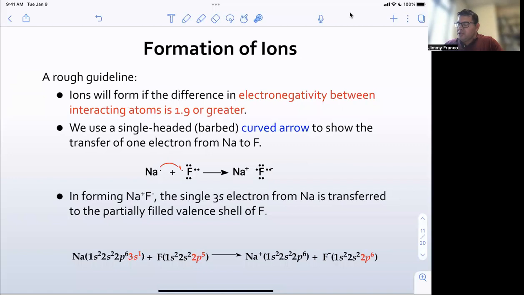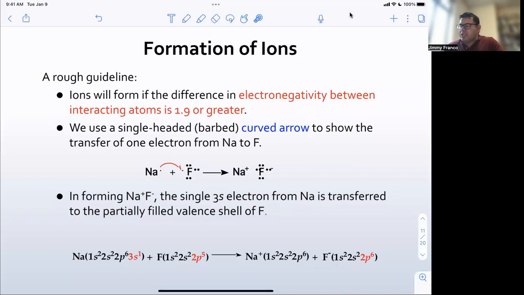So one of the things we can do is look at 2 atoms. So if you're looking at sodium, it has 1 electron here that's a little hard to see. And then fluorine has 7. And remember, these are our Lewis dot structures. So we're only showing the valence shells. So we only care about the valence electrons. Sodium has 1 valence electron. Fluorine has 7.